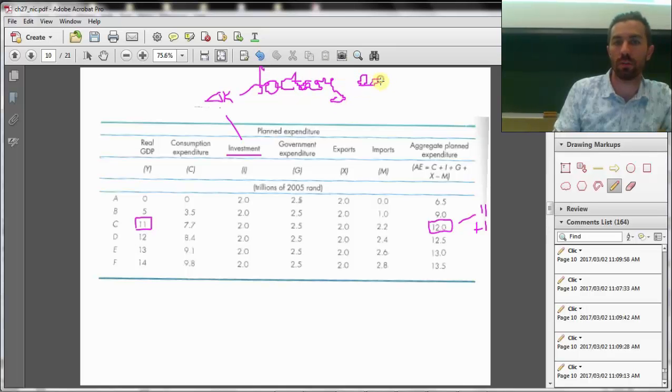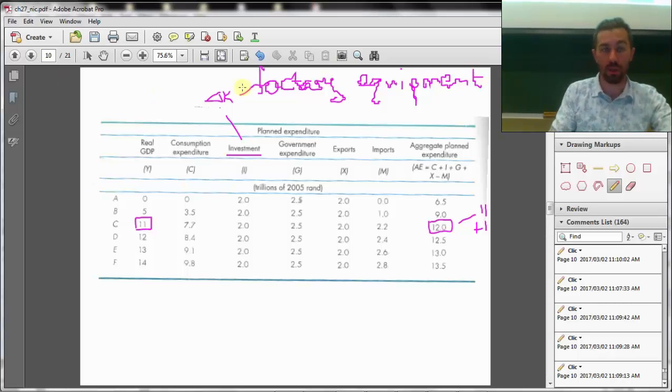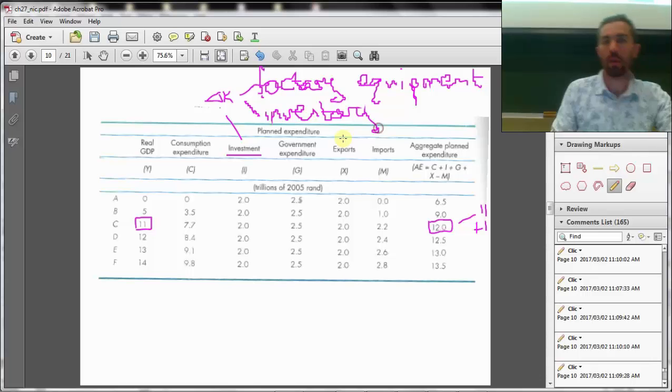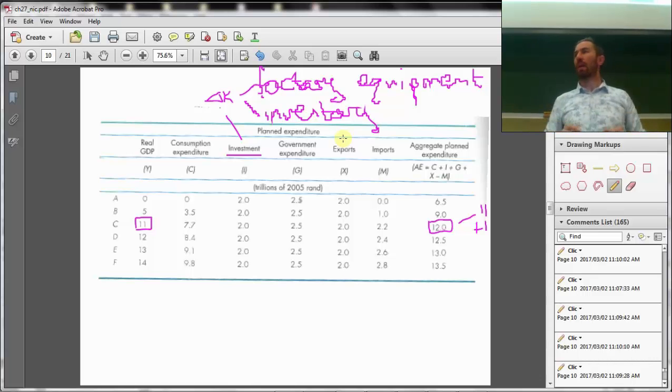Ooh, this looks horrendous. I will rewrite this all afterwards. So factory equipment, also inventory. In other words, in any particular period, firms can keep some stock aside and it forms inventory. You happy with that idea? Yeah?